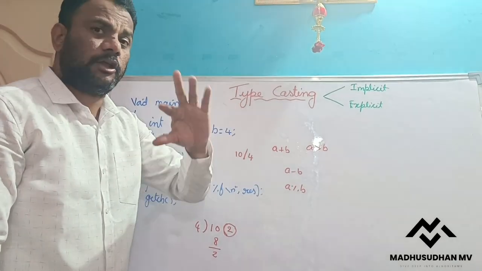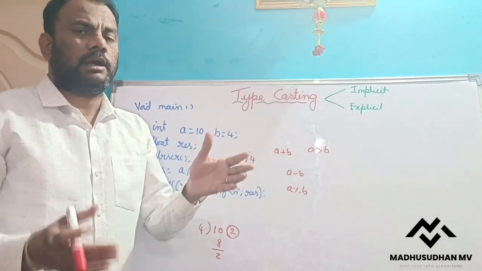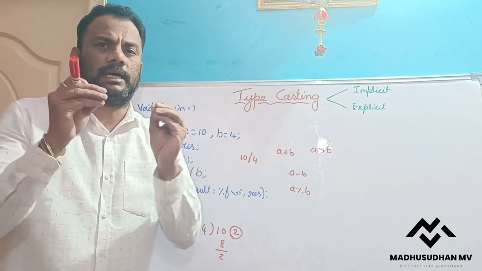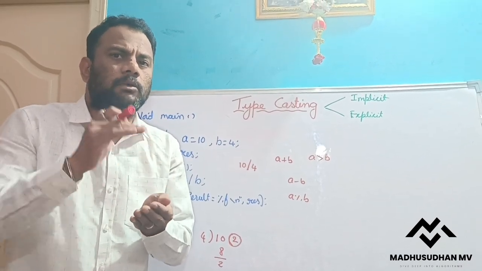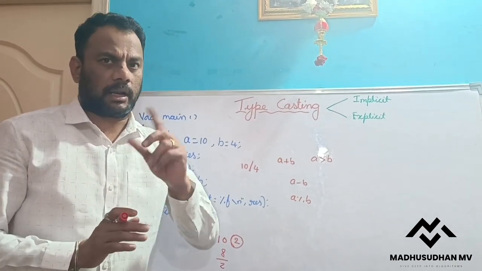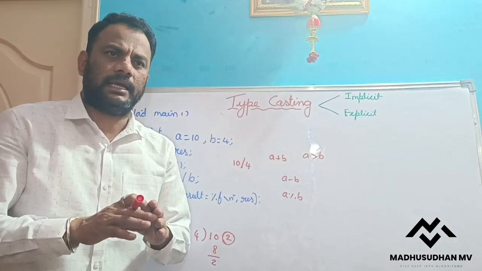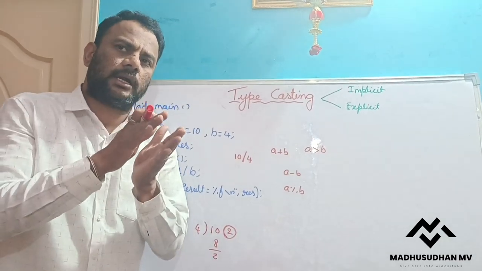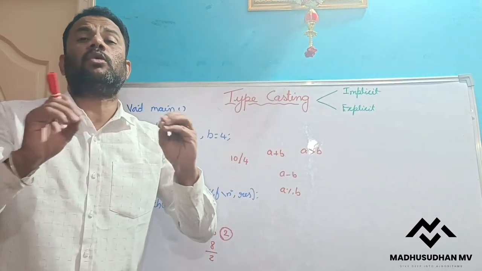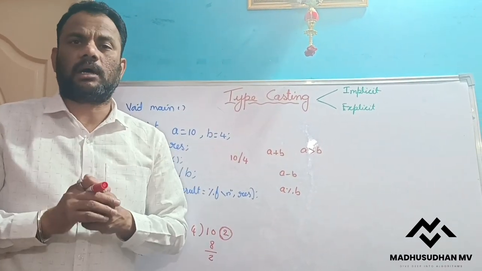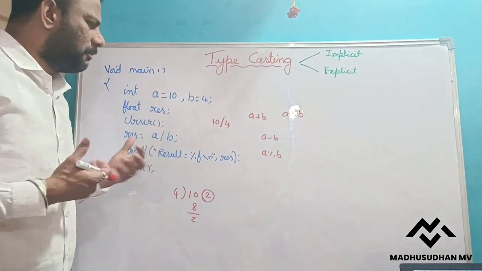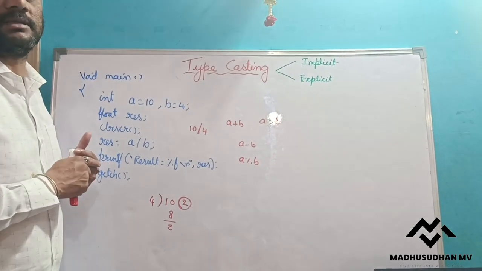If it is different data types, the compiler will automatically convert the lower data type to the higher data type. I will repeat: the compiler will automatically, that means internally, convert the lower data type into the higher data type without the knowledge of the user or the programmer. That means we don't know what is happening inside the processor.